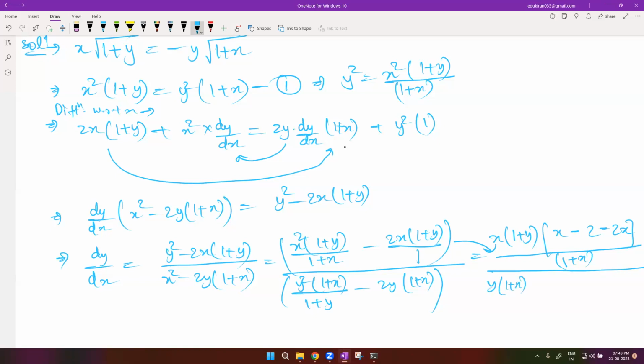You will be left with y upon 1 plus y here, minus 2 here. So it will become 1 plus y also, and then it will become y minus 2 minus 2y. Okay, this is not what we want.